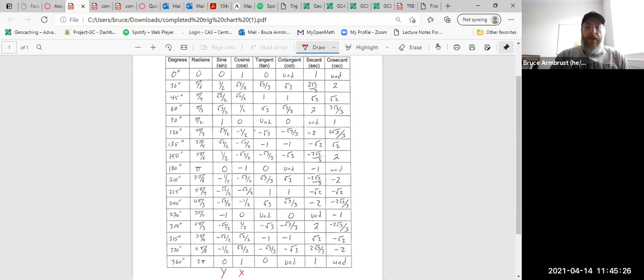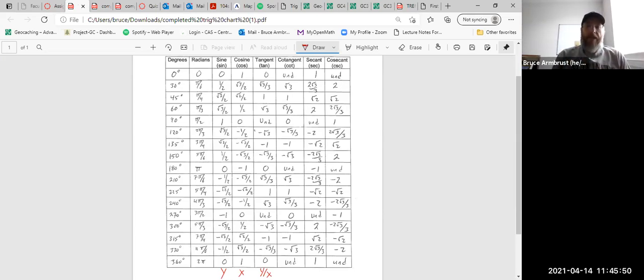All right. So then tangent, that was defined as y divided by x. And then all the other ones were just the reciprocal. So I'm not going to bother writing them down here, but cotangent was x over y, secant was 1 over x, and cosecant was 1 over y. So that's how we actually got these, was by looking at the coordinates of the points on the unit circle.